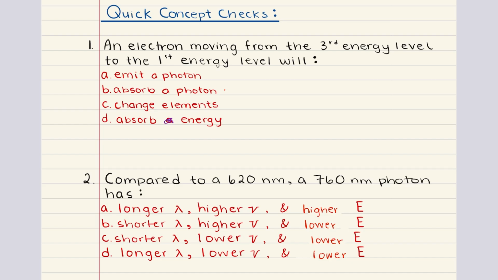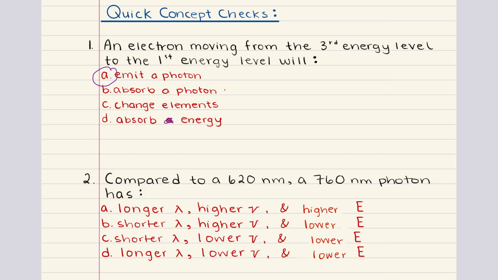So the correct answer for problem 1 is going to be A, emit a photon, because the electron is losing energy as it moves from the third to the first energy level. B is incorrect because absorbing a photon is what would happen if the electron were moving up to a higher energy level, because that requires gaining energy.